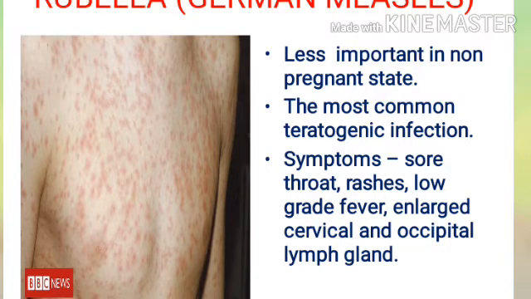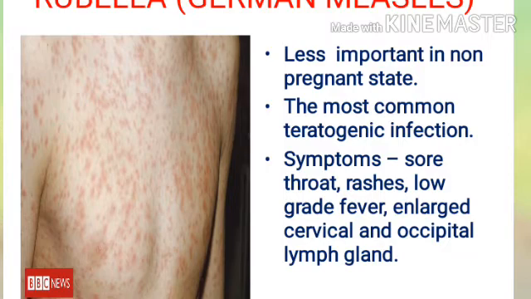The common signs and symptoms of rubella in the general population are sore throat, rashes, low-grade fever, and enlarged cervical and occipital lymph glands. Rashes and enlarged lymph nodes are the peculiar symptoms of German measles.